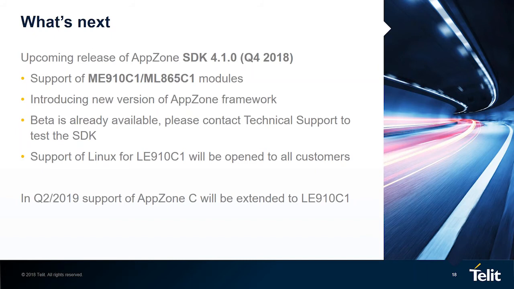A beta is already available, so please get in touch with the technical support team in Europe that is in charge of support for AppZone. If you want to test the SDK, they can provide offline a beta version of the SDK and also a beta version of the software module, so that the two are aligned and you can get the latest features.